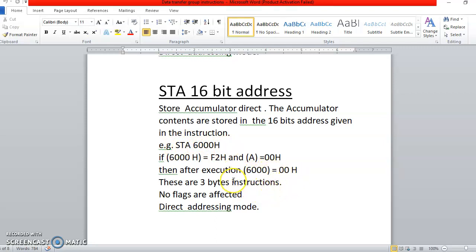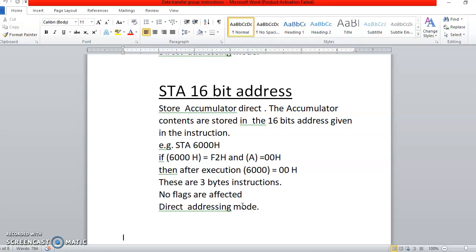Again, these are 3-byte instructions and no flags are affected. It is a direct addressing mode instruction. So just remember, LDA and STA are opposite instructions. What LDA does, the STA instruction does exactly the opposite.